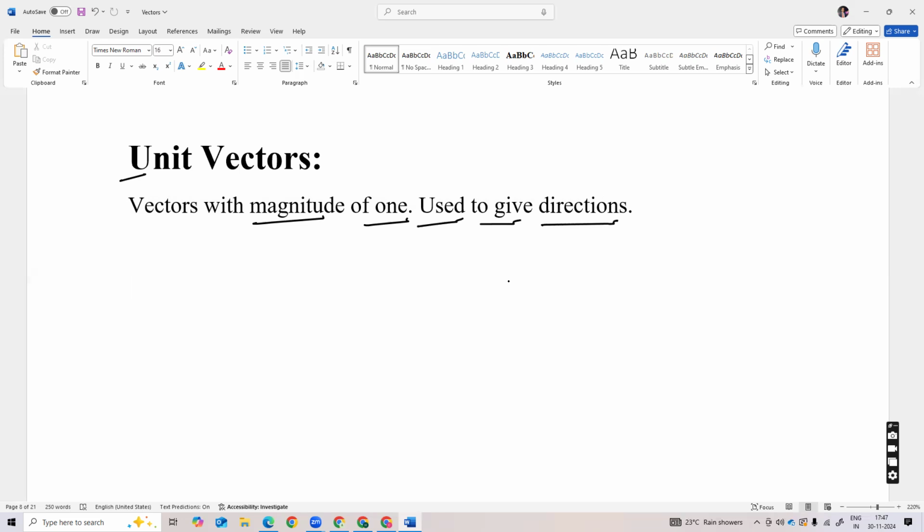So let's say we have a coordinate system like x, y, and z. So we use unit vectors like i, j, k.